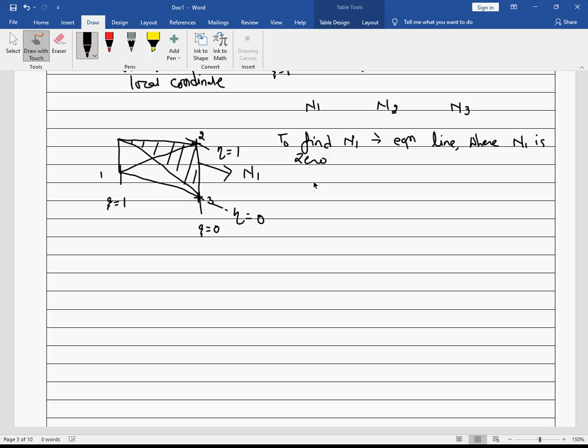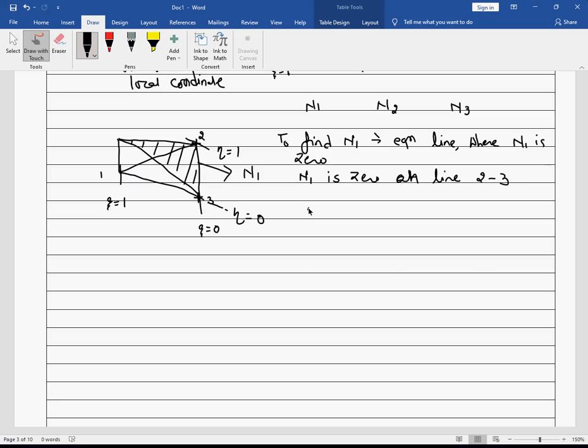So I could clearly see N1 is 0 at or on line 2, 3. Okay, so N1 is 0 on line 2, 3. So therefore to find out N1 I should use the equation of line 2, 3.